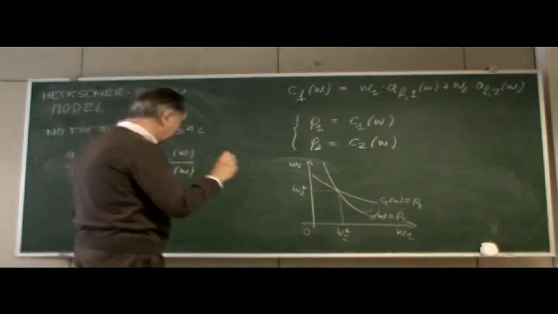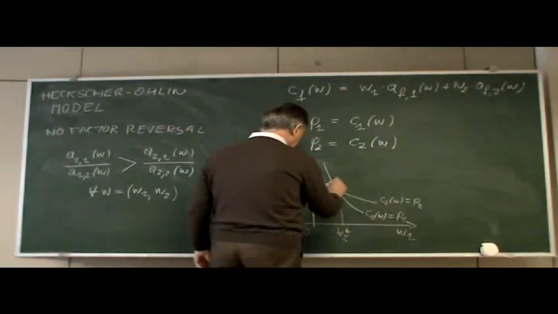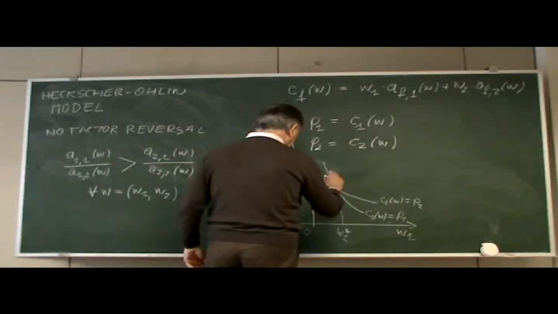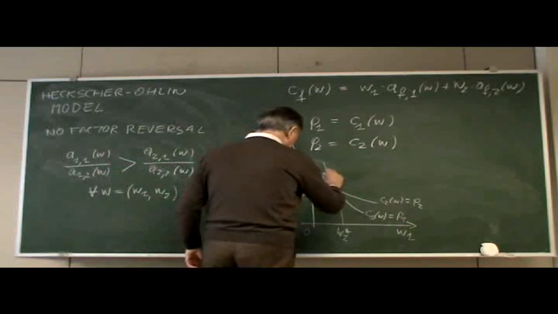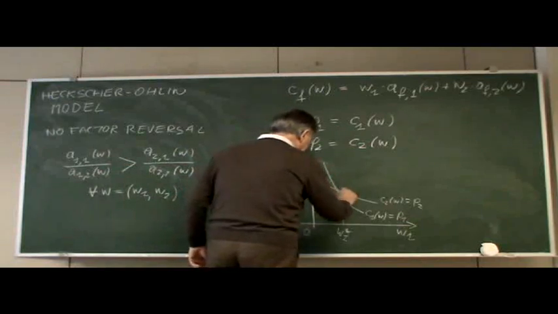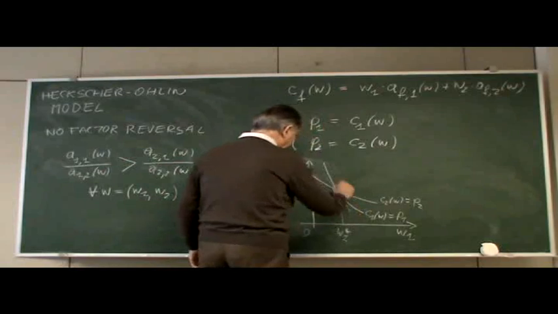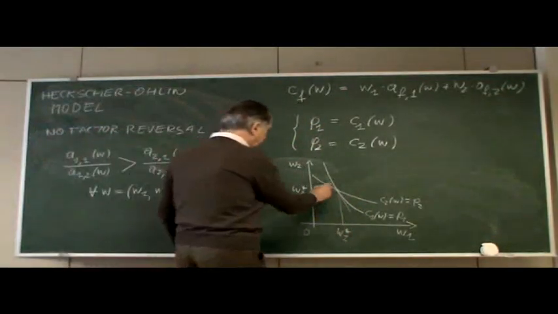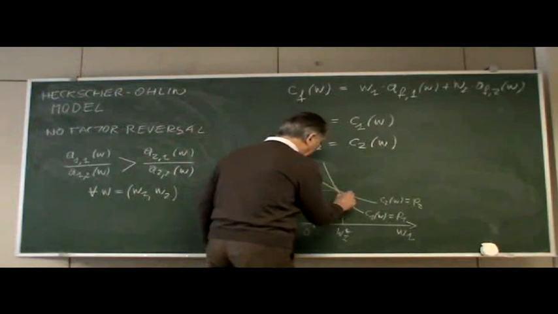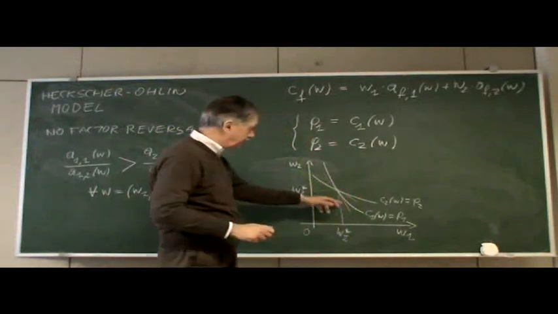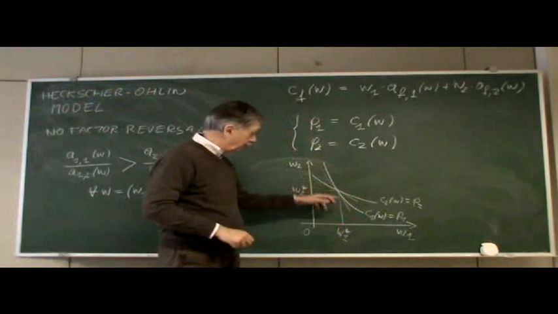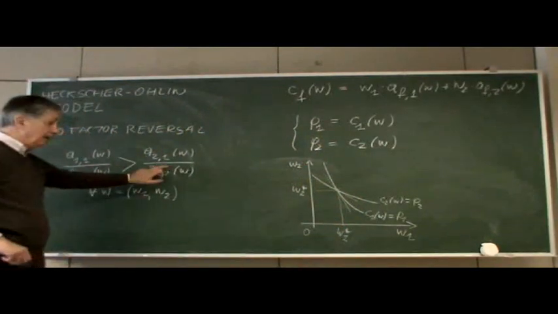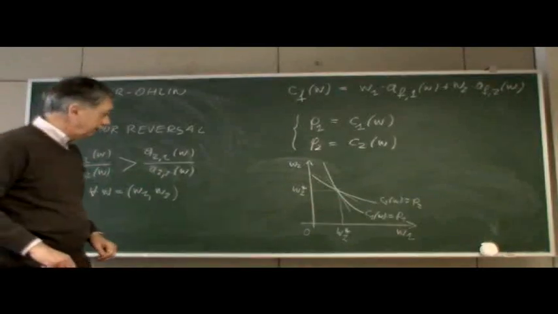In this point, the ratio between optimal coefficients as regards good 1 is the slope of this curve with changed sign, while for the second good it is the slope of this curve. And you note that in absolute value, the slope of the first curve is greater than the slope of the second curve.